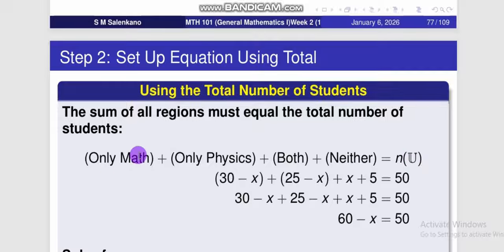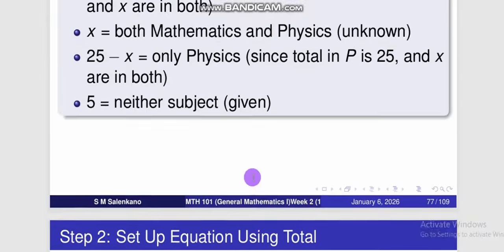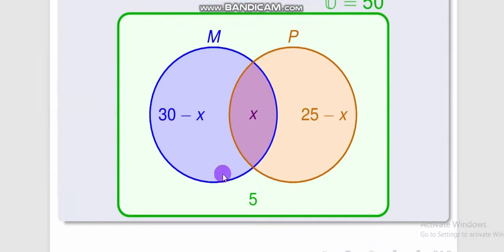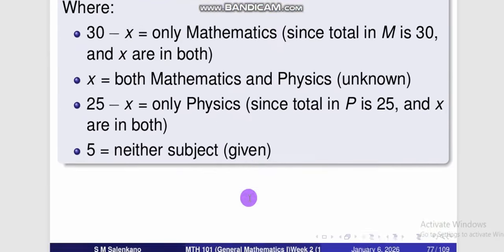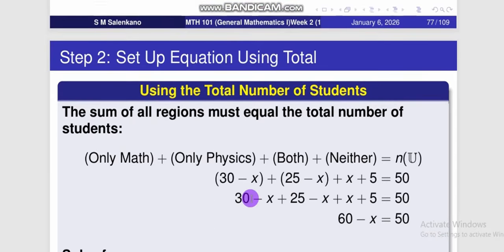For only math, you have 30 minus x. Look at it, 30 minus x for only math. For only physics, 25 minus x. Right? For both is x. For neither, 5. You add all these quantities together and then you equate that to 50.